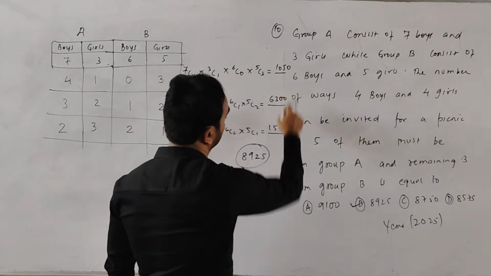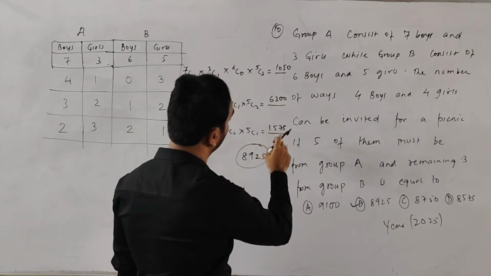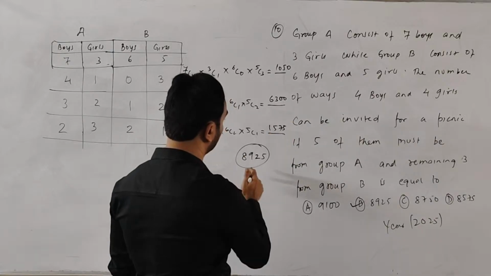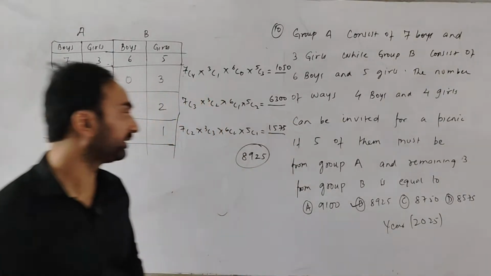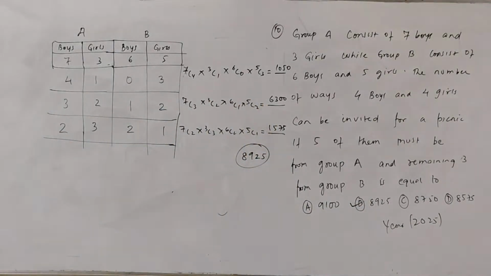Let me cross check. Correct. Now it is correct. 8925. Sorry. So final answer is 8925. Correct. So I think we can close this session now.